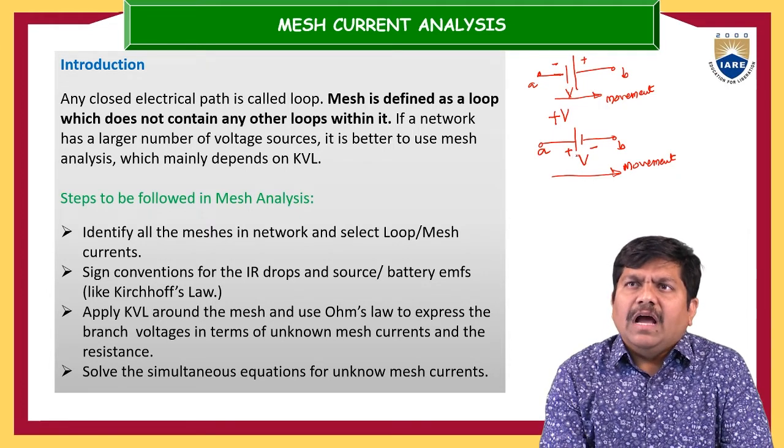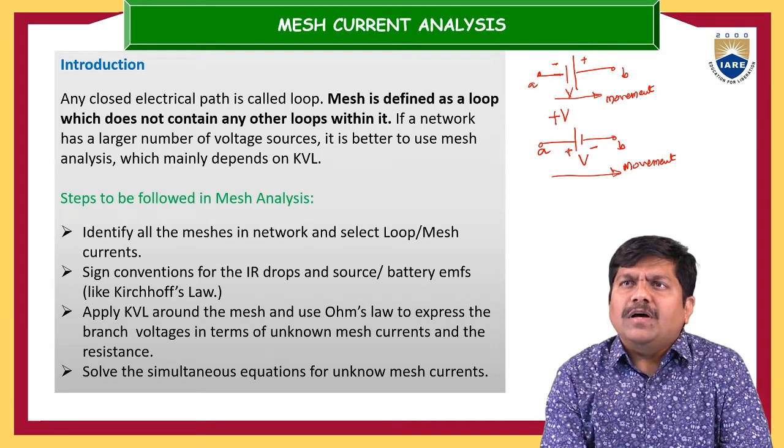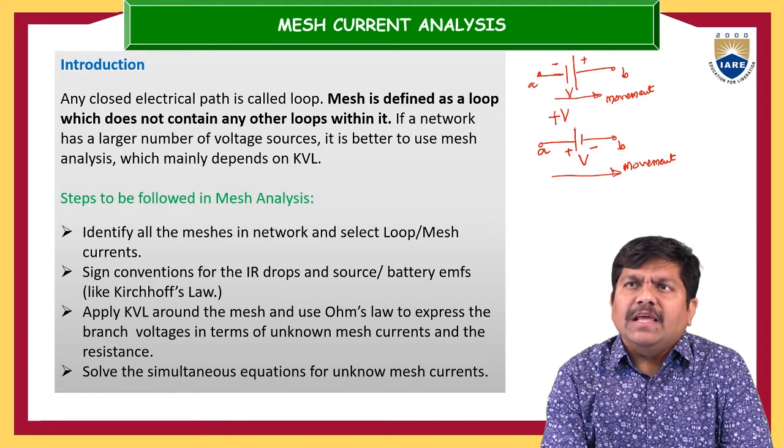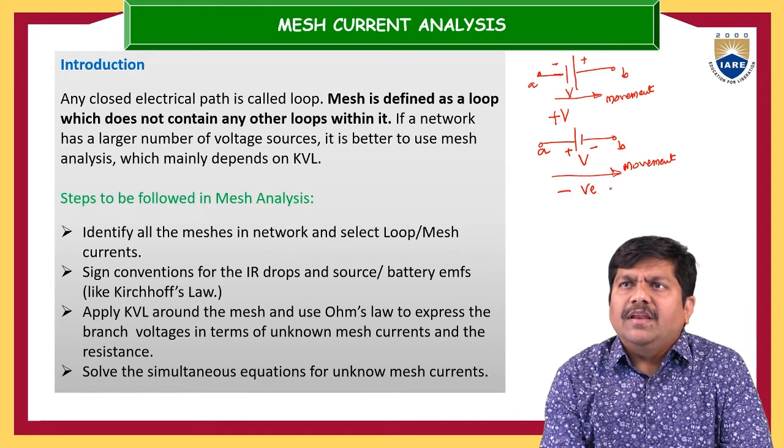So what happens? I am going to lose some electrical energy, because of moving from positive to negative. Indirectly, some of the electrical energy was dropped between these two plates. So that polarity is treated as a negative polarity.